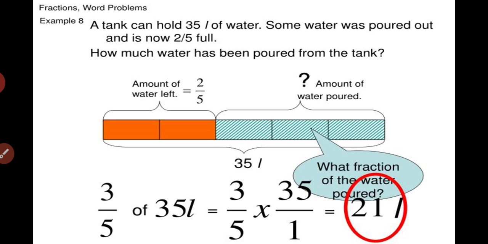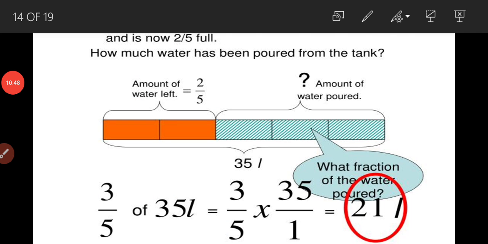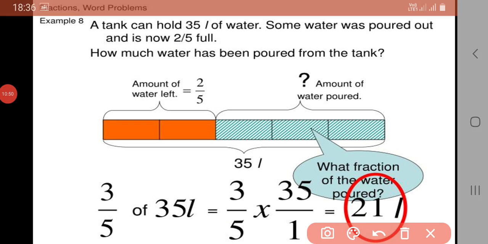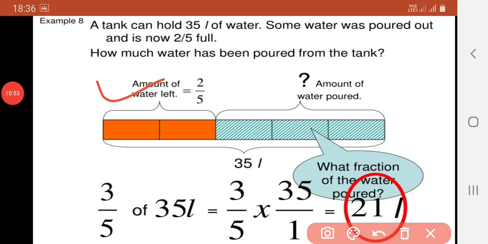We know that 2/5 part is remaining, and the remaining part here is given. 2/5 part is now remaining.